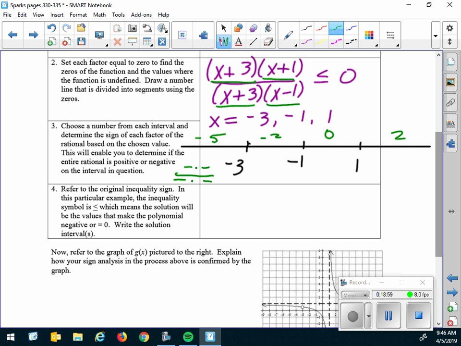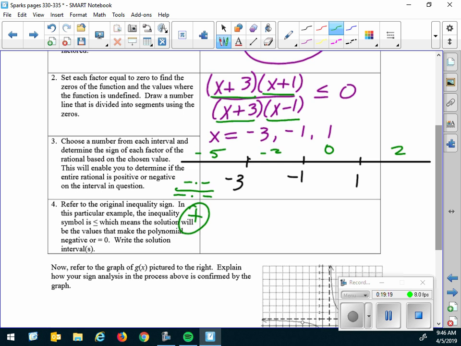A negative times a negative divided by a negative times a negative is a positive. So what does that tell us? From -infinity all the way up to -3, whatever value you pick there, this rational expression is going to be positive. Which means if you graph it, where's it going to be? Above the x-axis. Good.